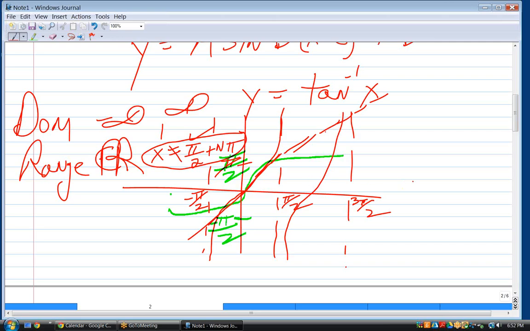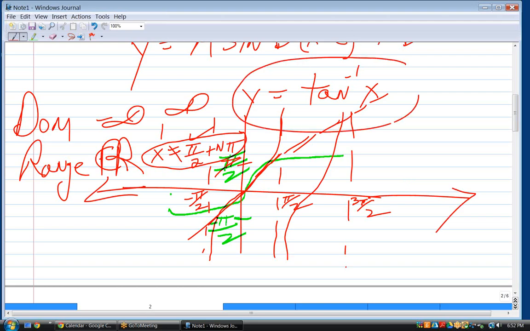The end behavior is always as x goes to either positive infinity or negative infinity, what happens to y? As x goes to positive infinity, what happens to y? It approaches that asymptote, pi over 2.